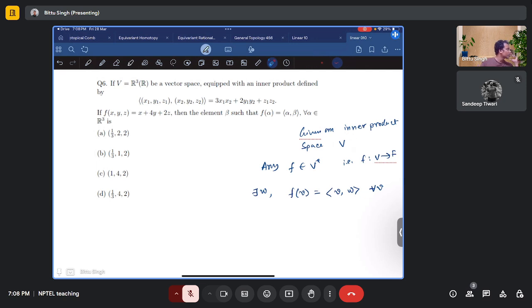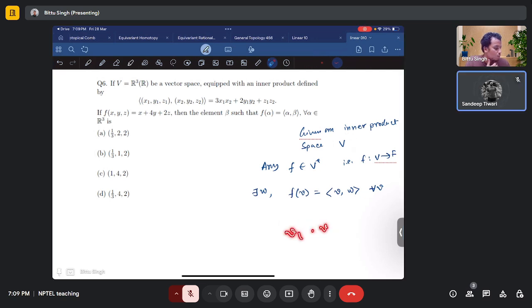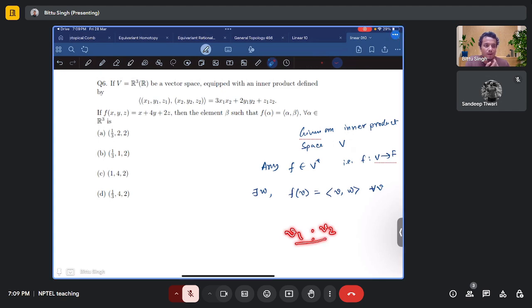A better explanation: in physics, for vectors there is a notion of dot product, right? V dot W. Given two vectors v1 and v2, we can multiply them by this dot product. Now we are generalizing that to an arbitrary vector space. It is not limited to R3.